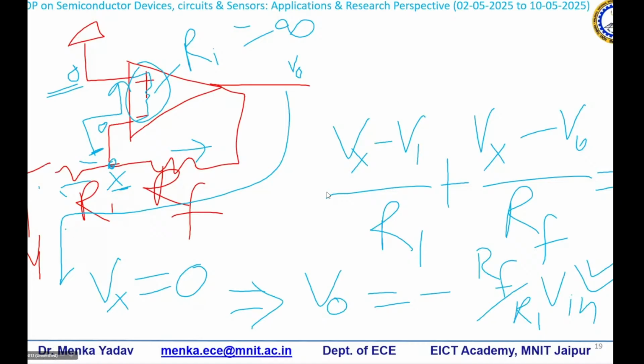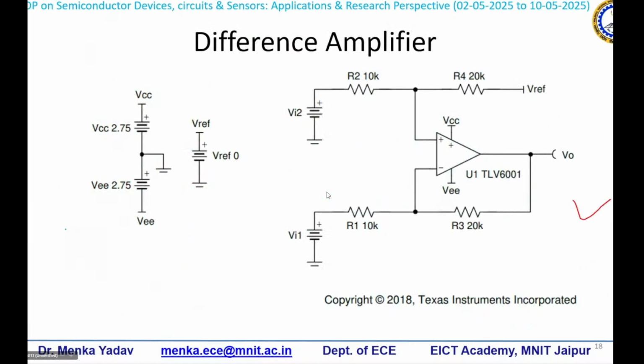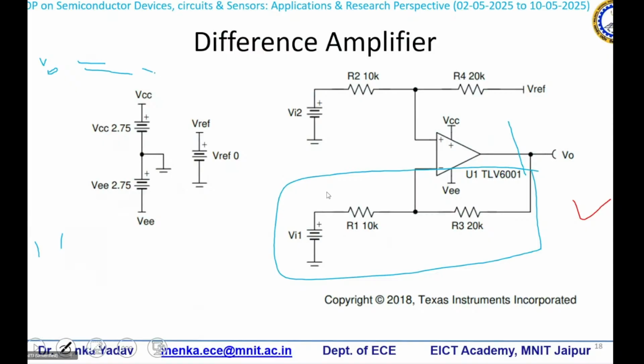So from this particular configuration, what is the effective Vo for us? Because of this configuration, Vo is equal to minus Rf, which is 20 kilo, divided by R1, which is 10 kilo, into Vi1.